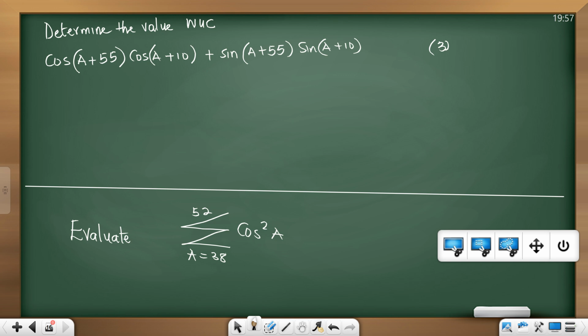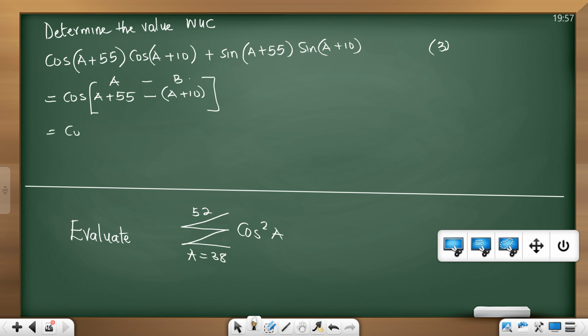Okay, but anyway, can we do this quickly first? This is a compound angle formula, cos A cos B, right? So what is this going to be equal to? Cos A plus 55. Remember, if it is a plus for cos, what happens? It becomes a minus. But now here's where they want to catch you. If you don't put a bracket there, they want to catch you because it is cos A minus what?